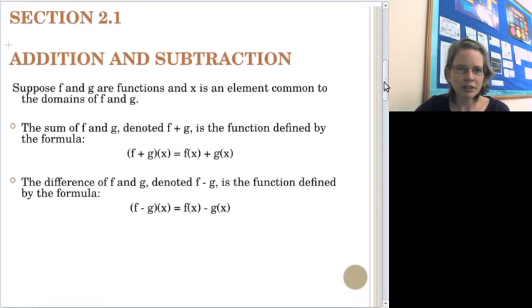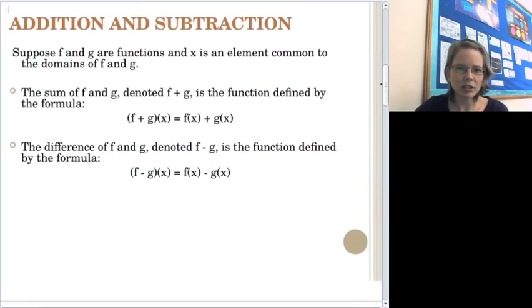The first thing we're going to look at is addition and subtraction. So if we read along with me, it says, suppose f and g are functions, and x is an element common to the domains of f and g. So x is any number that you could plug into f, or you could also plug it into g. It's allowed for both of them.